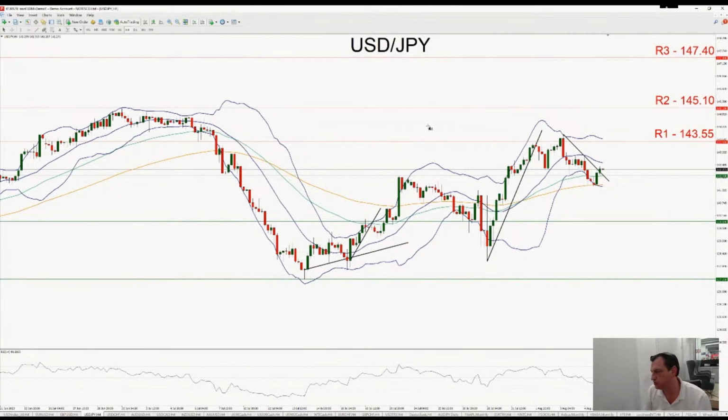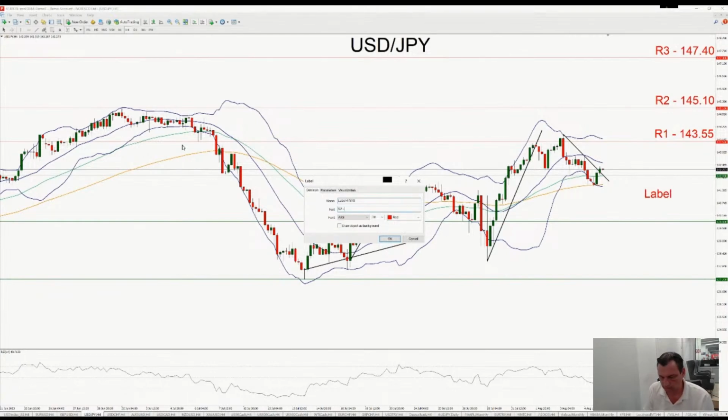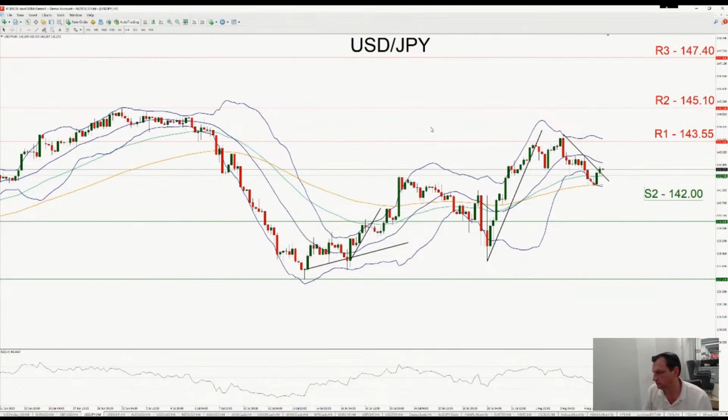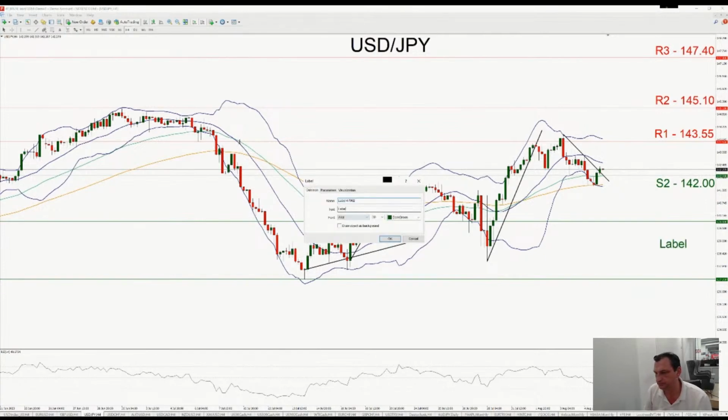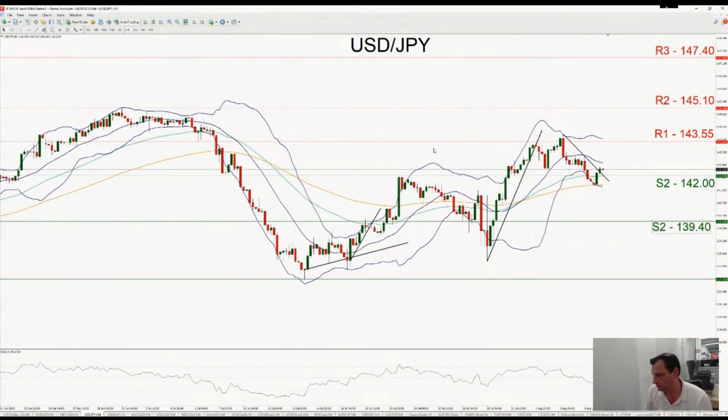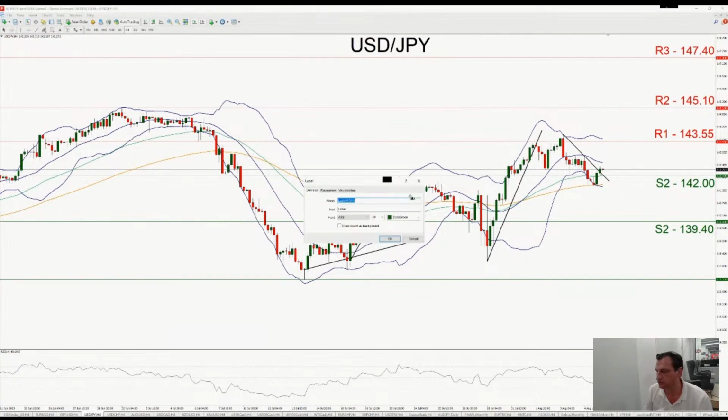Moving to the first support line, which is being placed at 142. Second support line being placed at 139.40. And final support line being placed at 137.25.